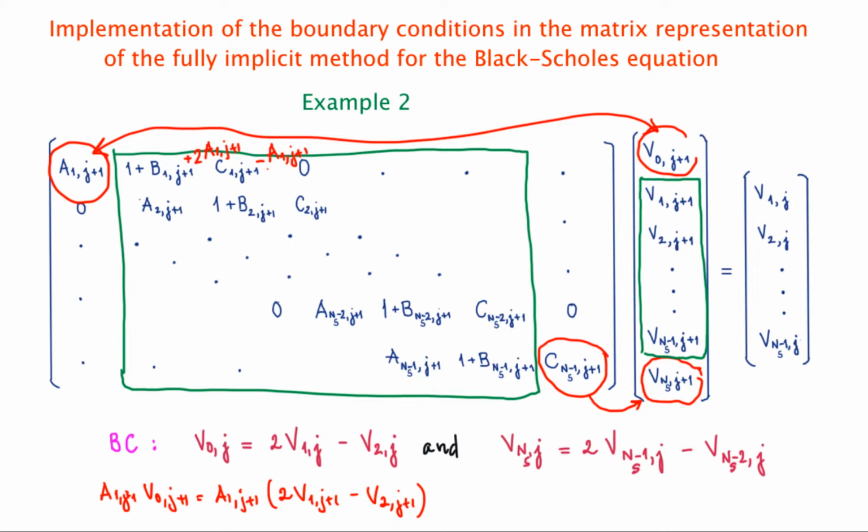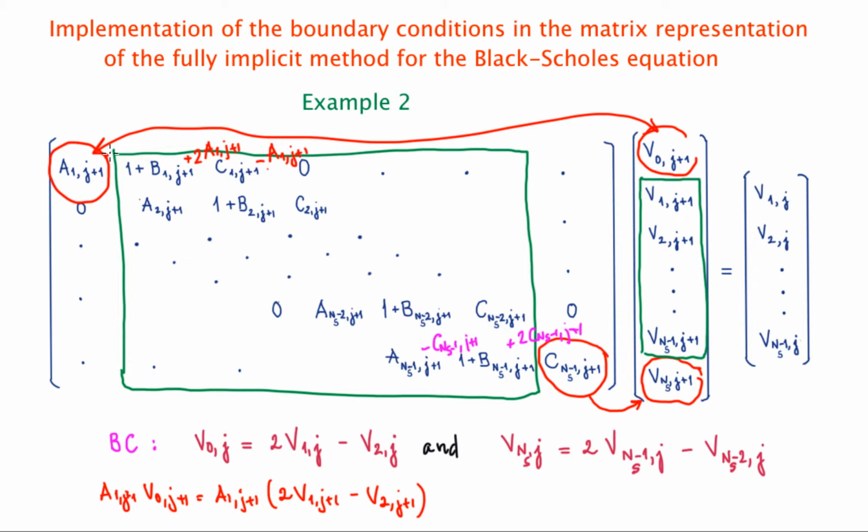That will imply including another component, which will be 2 times this C, evaluated at NS minus 1 and J plus 1, and another one that will come from multiplying this one with the C element, which is minus C evaluated at NS minus 1 and J plus 1. So this is the element that we need to include also here.